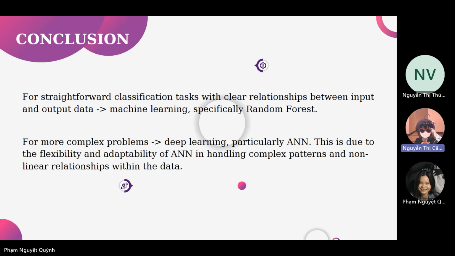After experimenting with various algorithms, including both deep learning such as artificial neural network (ANN) and machine learning such as random forest, we discover that for straightforward classification tasks which create a relationship between input and output data, machine learning, specifically random forest, tends to be the optimal choice.